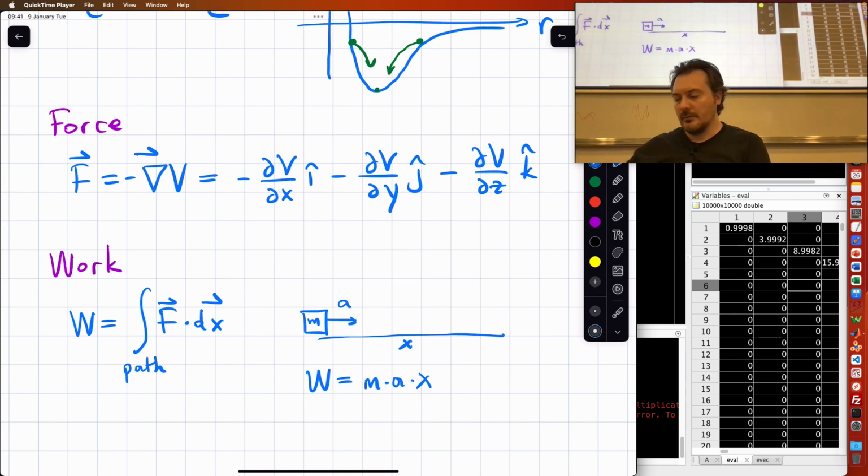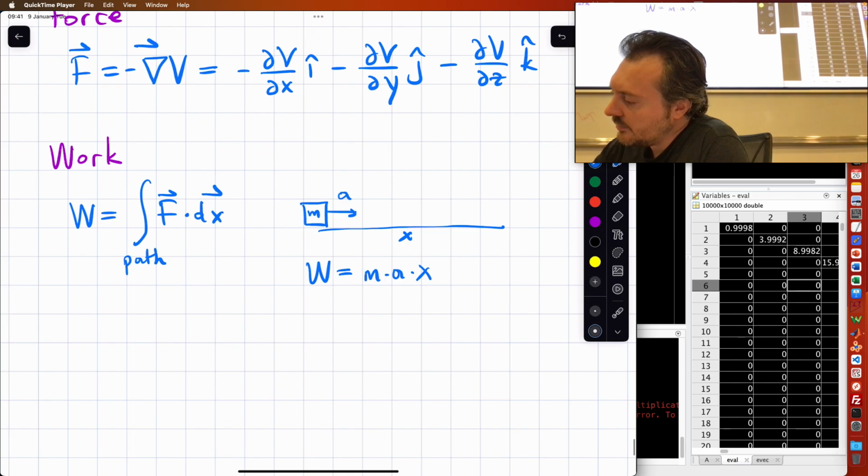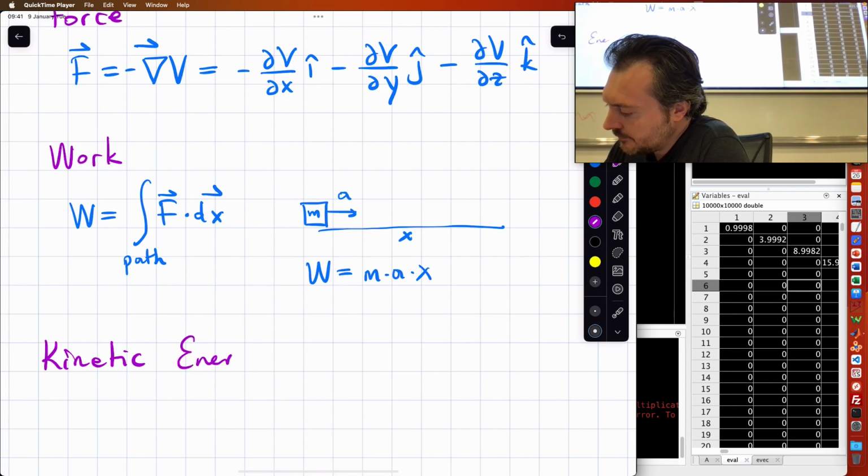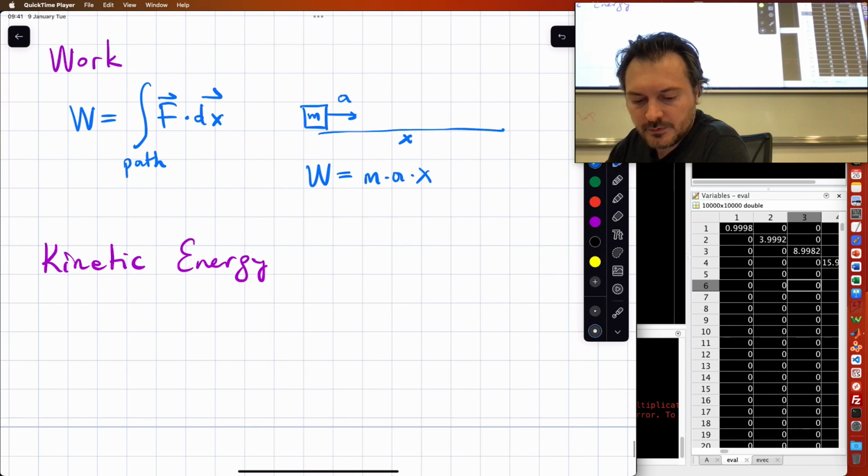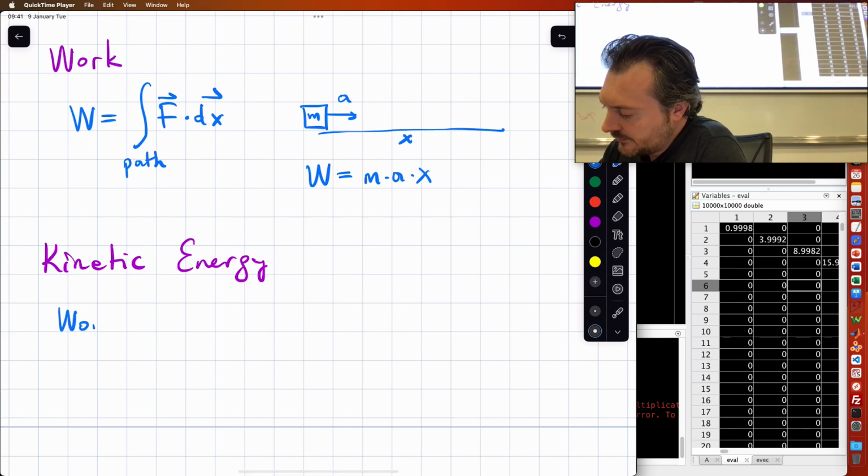Okay? What is kinetic energy? We are going to use all this, so just defining everything. Kinetic energy is, okay, let's write it.